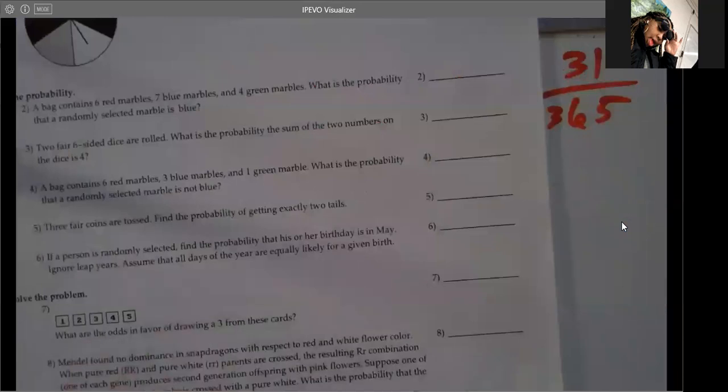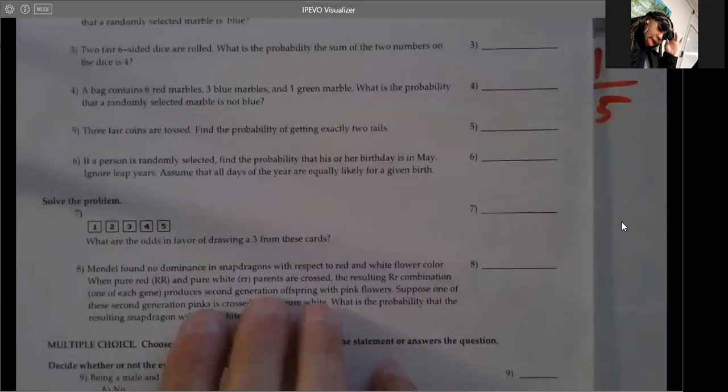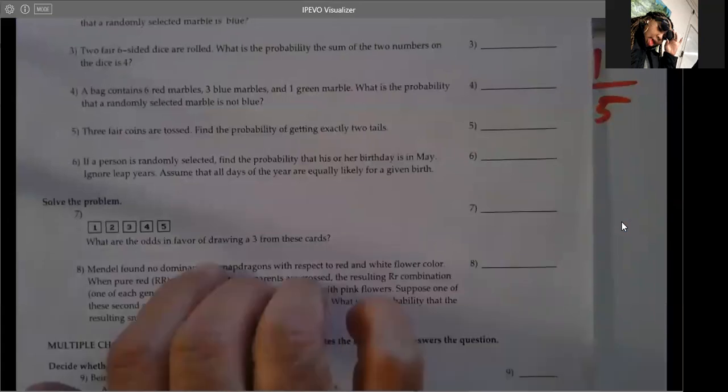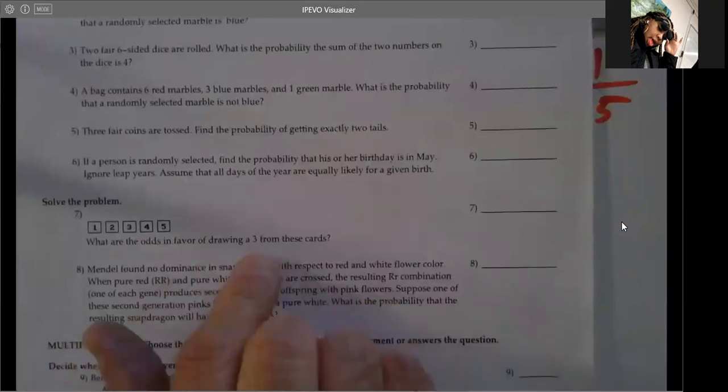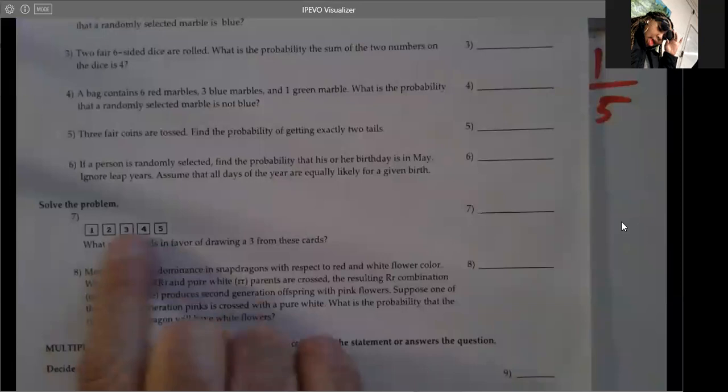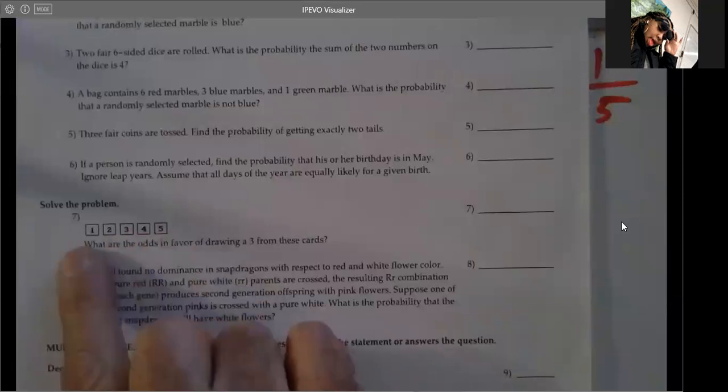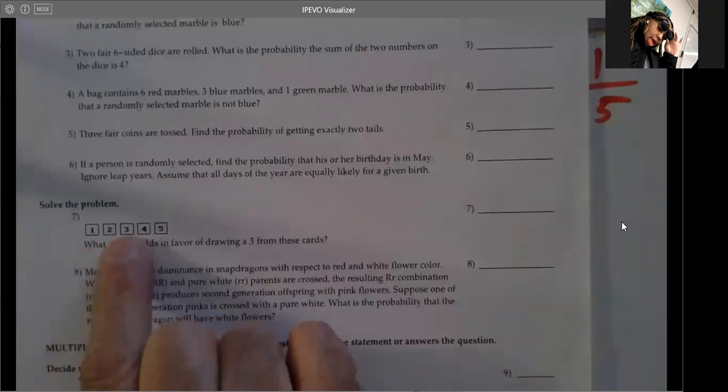Number 7. Any questions with 7? Odds in favor of drawing a 3. We've got 5 cards: 1, 2, 3, 4, 5. There's only one 3, right? Yes, sir.